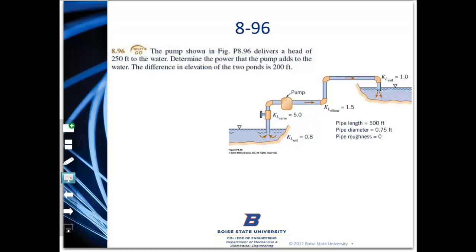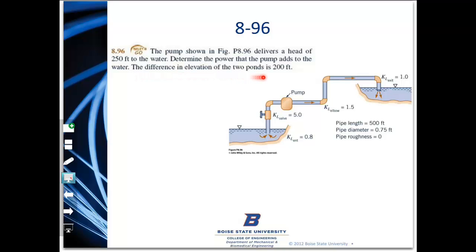If you're given it in terms of horsepower, that means you should be able to get the head of the pump, based on the formula I've shown you previously, or you can also be given the head of the pump directly. Okay, and if you're asked to compute the horsepower required in this pump, you can always do that if the problem is well defined. You're asked to determine the power that the pump adds to this water in this problem.